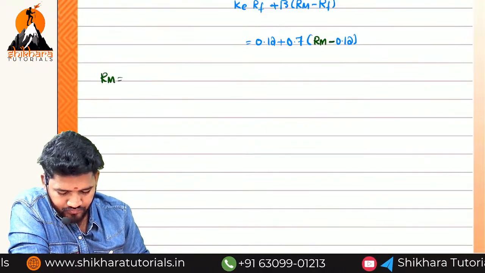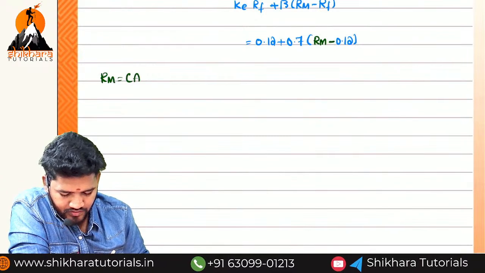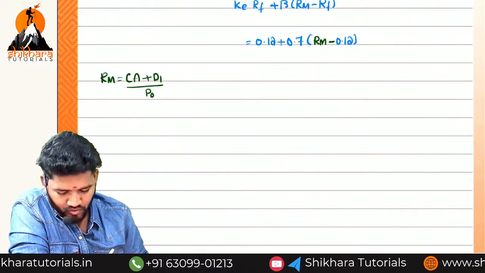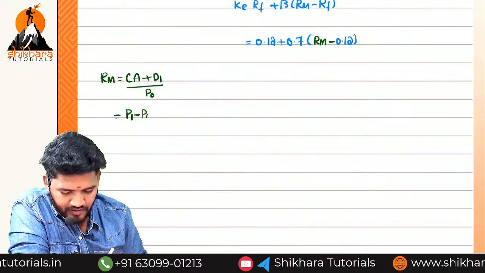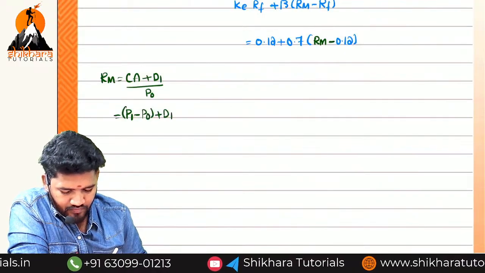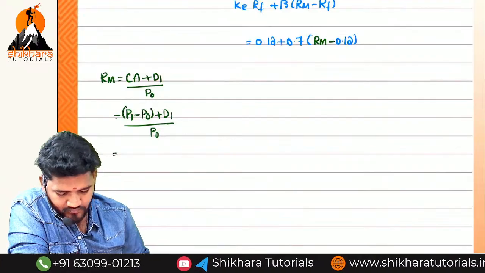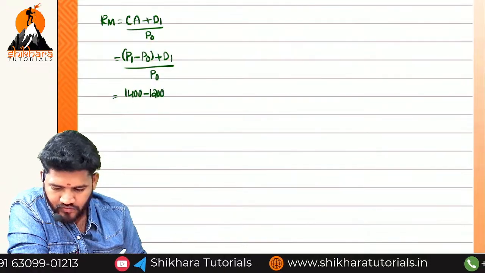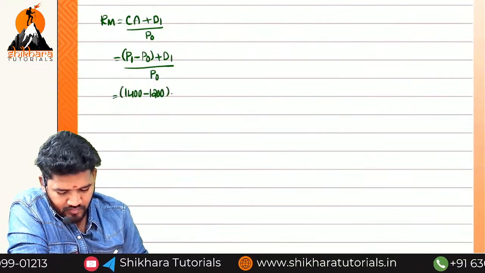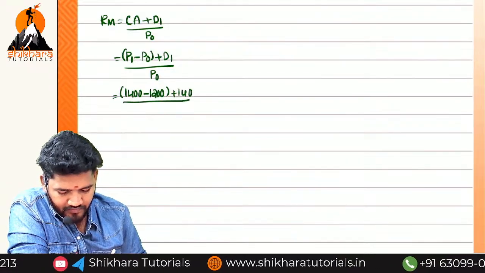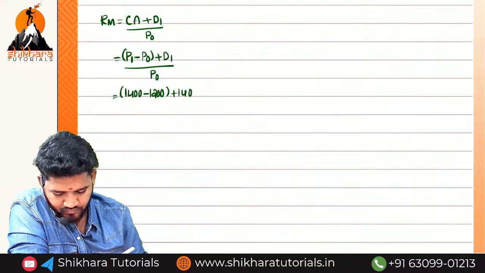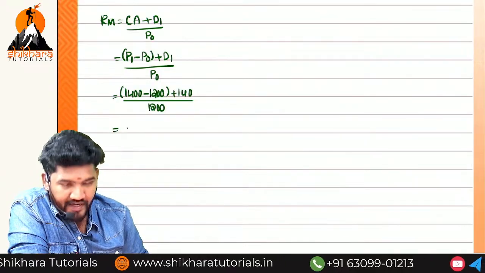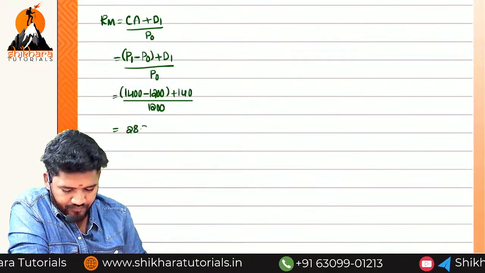RM equals capital appreciation plus D1 divided by P0. How to calculate capital appreciation? P1 minus P0, plus D1, divided by P0. P1 is 1400, P0 is 1200, plus 140, divided by the investment. The answer is 28.33%.